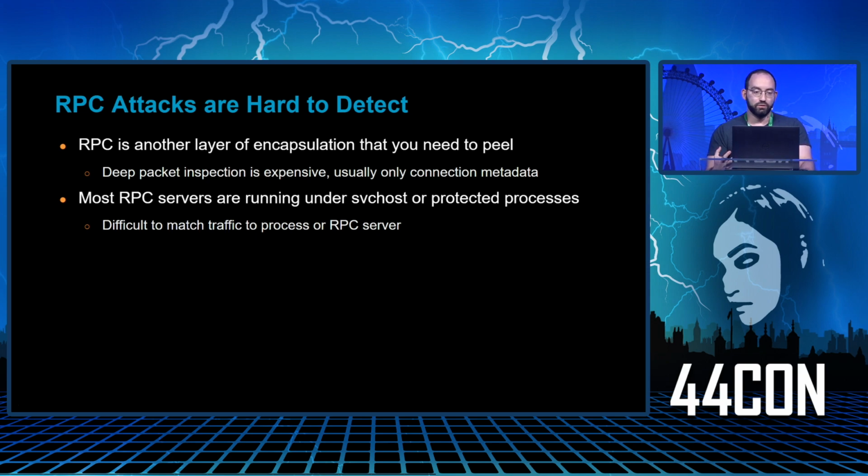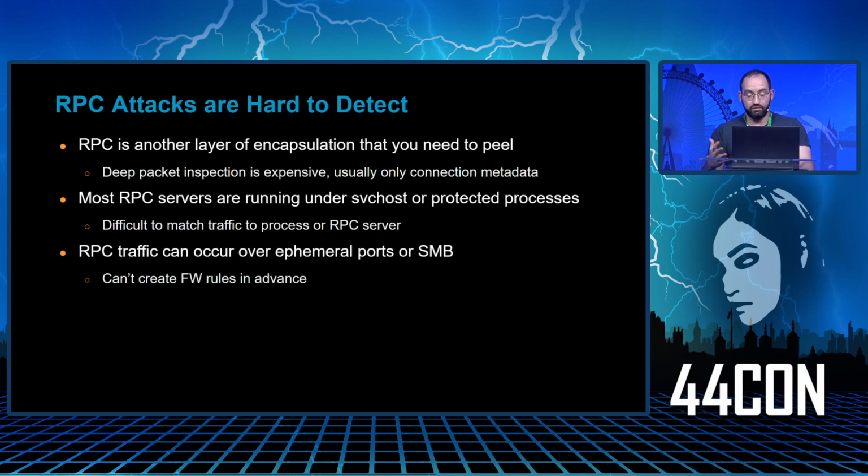So we'll have some difficulty matching traffic to the process or the operation. And lastly, RPC traffic can also occur over ephemeral ports or over SMB. So we can't really even create firewall rules to block or restrict them, because we either don't know the port because it's ephemeral, or it's SMB, which is critical to the operation of the system.